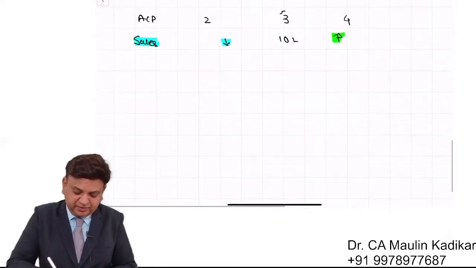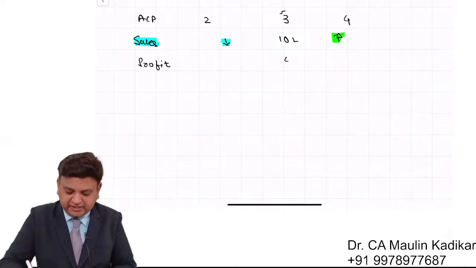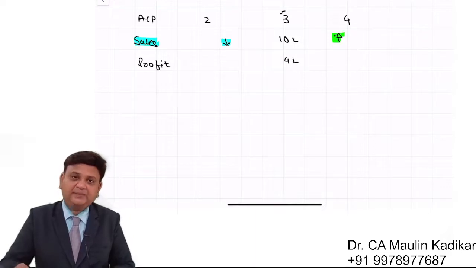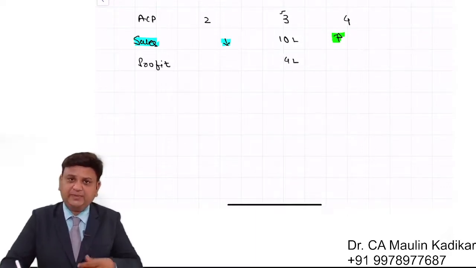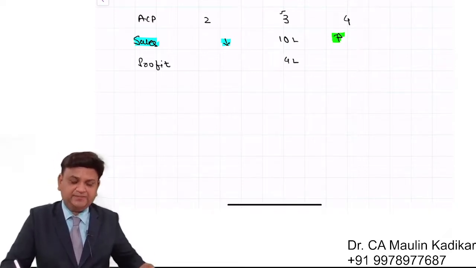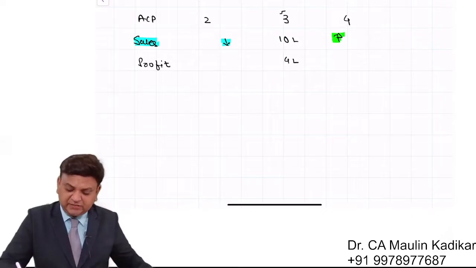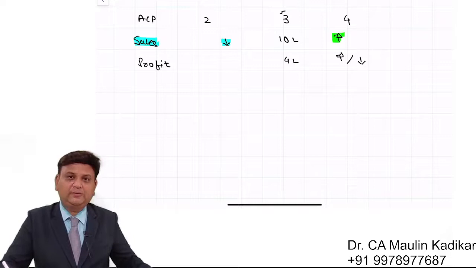However, friends, profit of the company, let us say right now the profit of the company is 4 lakhs. Listen carefully, it may happen that in spite of the credit period increasing and sales increasing, the profit of the company may instead fall down.